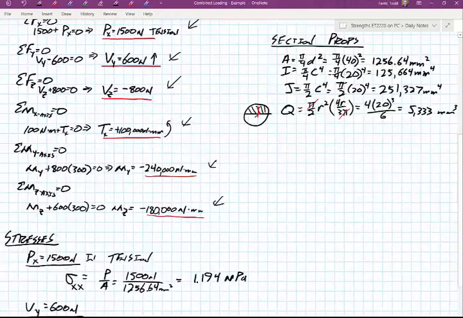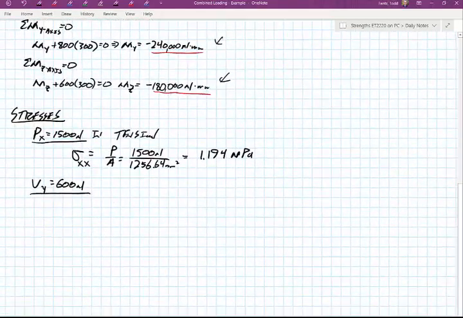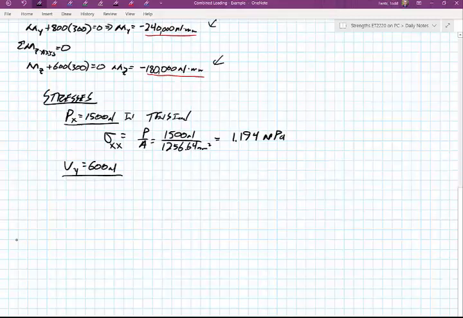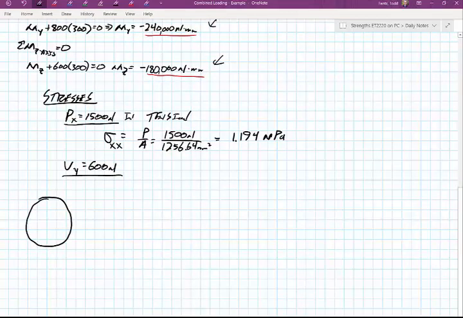So if I'm looking that way and I were to draw the cross section, then I have something that looks like this, where as far as my axes, going up would be Y, and I have Z pointing to my left. And in this case, we have a shearing force that is 600 newtons in that positive Y direction.